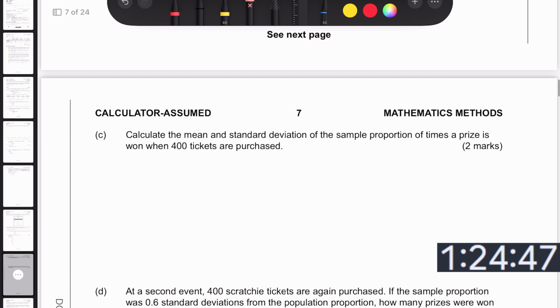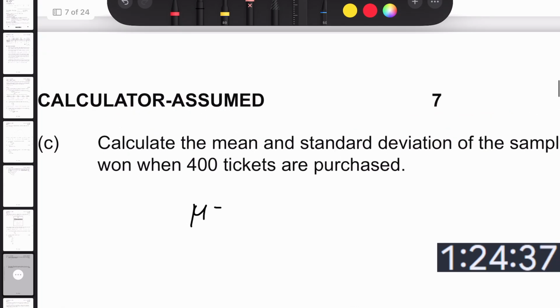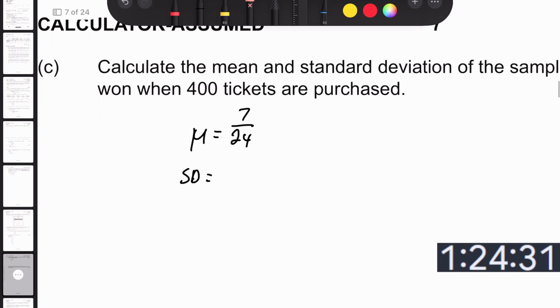Nice. Calculate the mean and standard deviation of the sample proportion of times a prize is won when 400 tickets are purchased. So the mean is just going to be 7 on 24. And the standard deviation is going to be the square root of P, which is 7 on 24, times 17 on 24, all over 400.